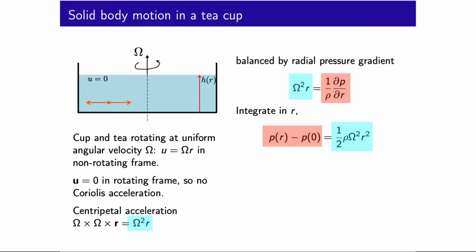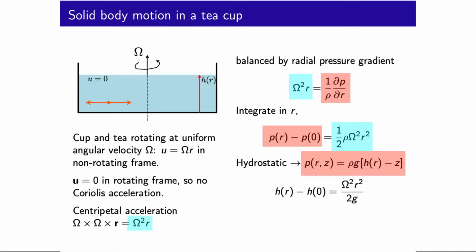Consider the tea to be in hydrostatic balance, so that the pressure at the point r, z is just the density times gravity times the difference between the free surface height at r and z. This is substituted into the pressure integral to return the difference in height between a radius of 0 and a radius of r as equal to omega squared r squared on 2 times gravity.